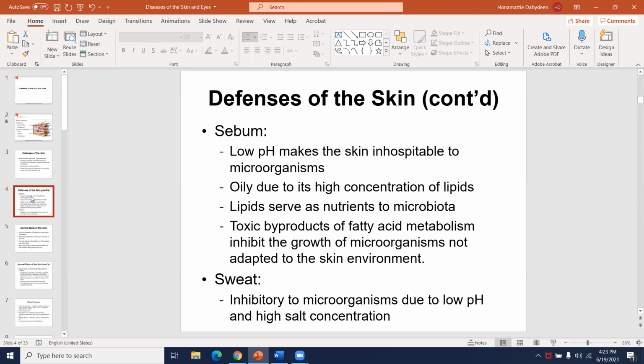Also, the sweat sometimes has the lysozymes that are capable of breaking down peptidoglycan. And if you remember, peptidoglycan is that unique cell wall material we see in the bacteria.